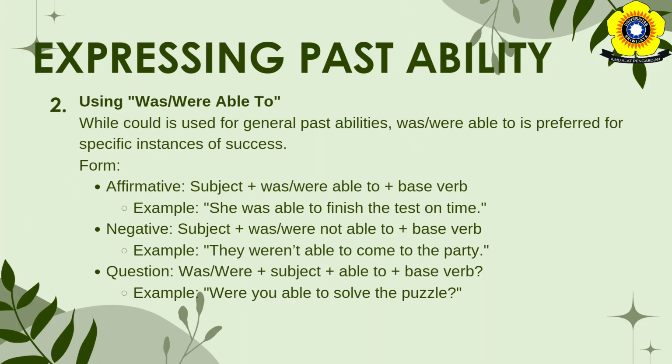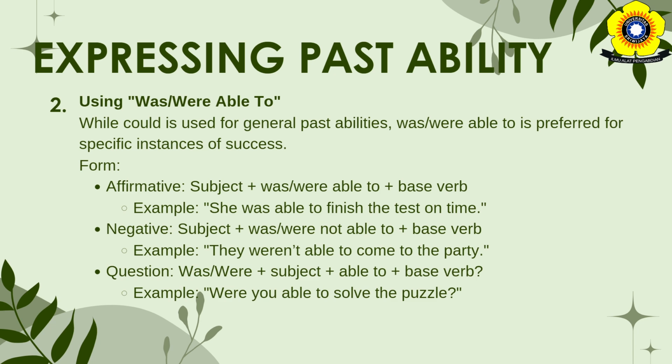Second one is using was or were able to. While could is used for general past abilities, was or were able to is preferred for specific instances of success. Affirmative form: subject plus was or were able to plus base verb.